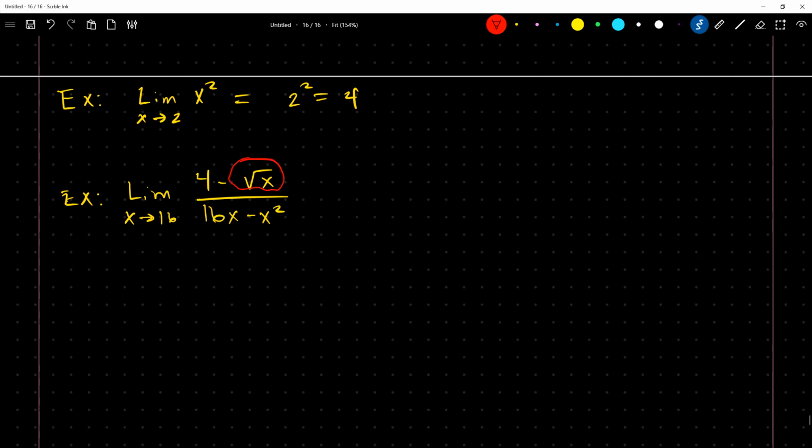Okay. So one thing you can remember is something called the difference of two squares. If I have a minus b times a plus b, what do I get? I get a squared minus b squared. And you might remember something called a conjugate.